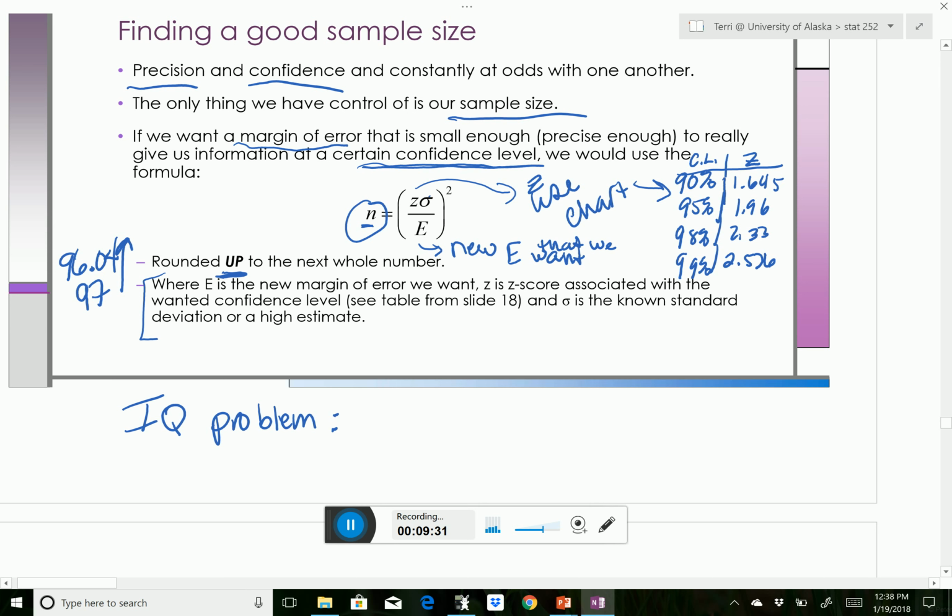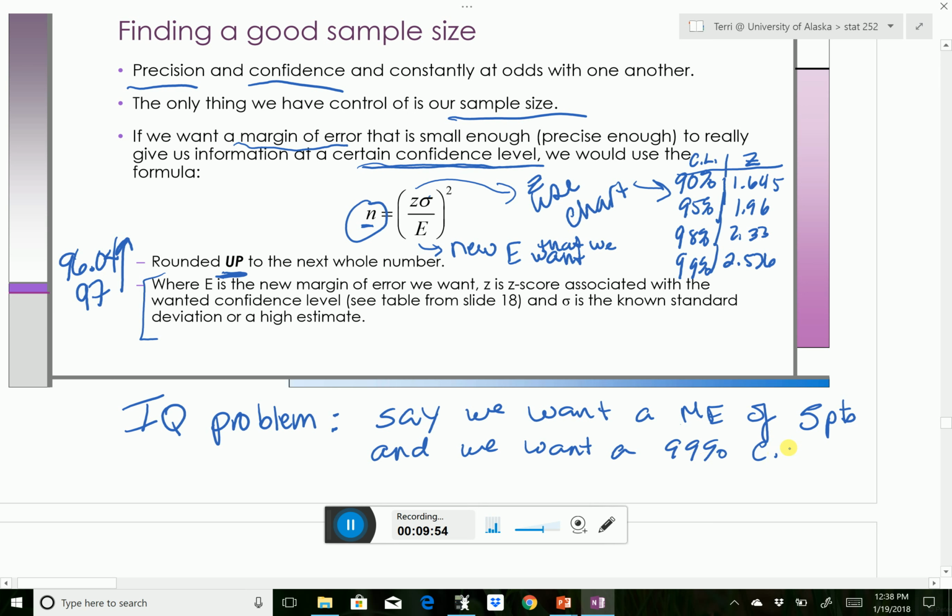We actually had a margin of error in that one of 6.57. So let's say we want a margin of error of 5 points, and we want a 99% confidence interval. What sample size would we need?